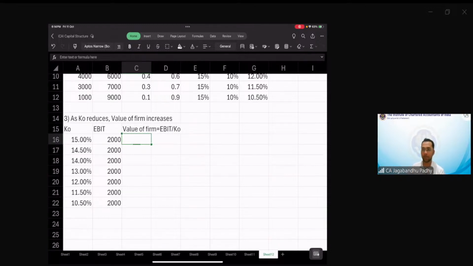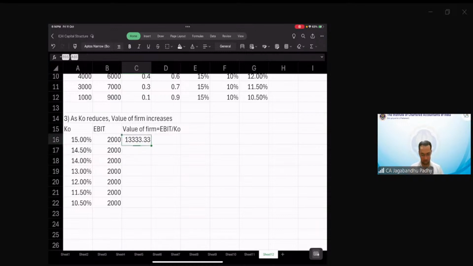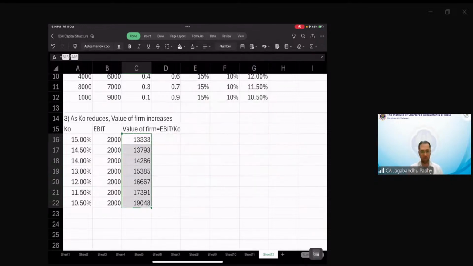Okay. So the value of the firm will be EBIT divided by Ko, which is arrived at in this pattern. Now, what do you see in this case? Can I say the value of the firm has been increasing?